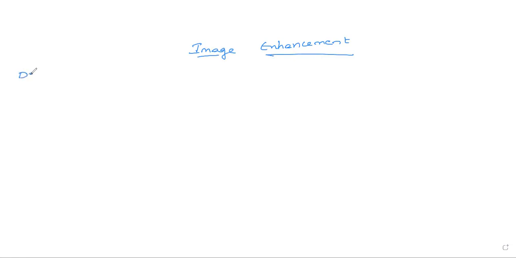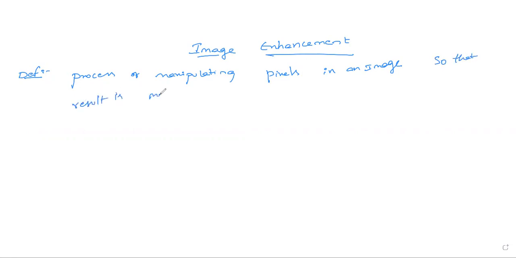What is image enhancement? Image enhancement is nothing but the process of manipulating the pixels in an image so that the result is more suitable than the original image.